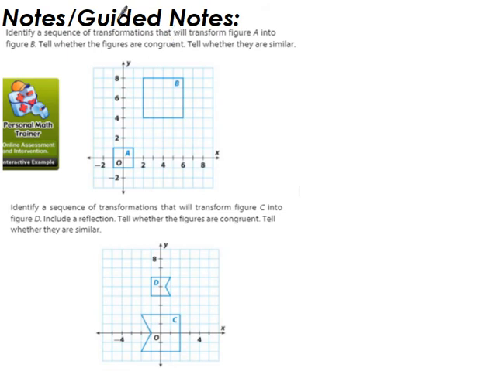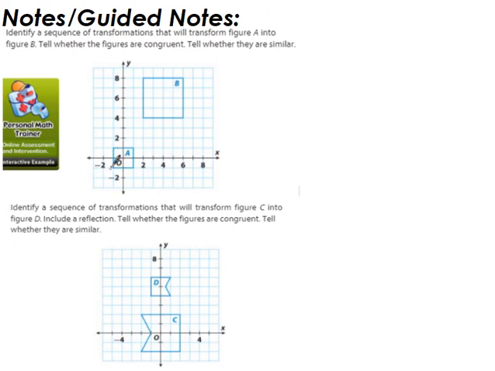So first, we're going to identify the sequence of transformations to get from A to B. And then we're going to tell whether they're similar or if they are congruent. So first, we know A is a lot smaller than B, so we have to perform an enlargement or a dilation. Okay, so now we got to figure out, what's our scale factor? What do we have to dilate by?